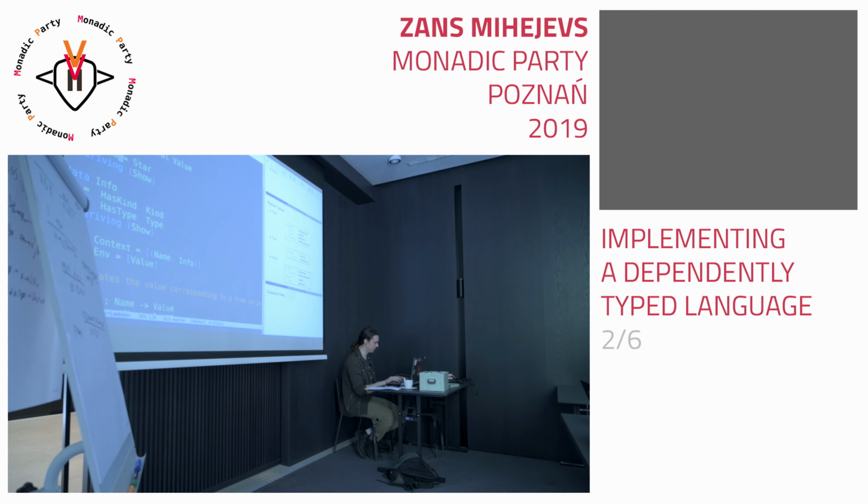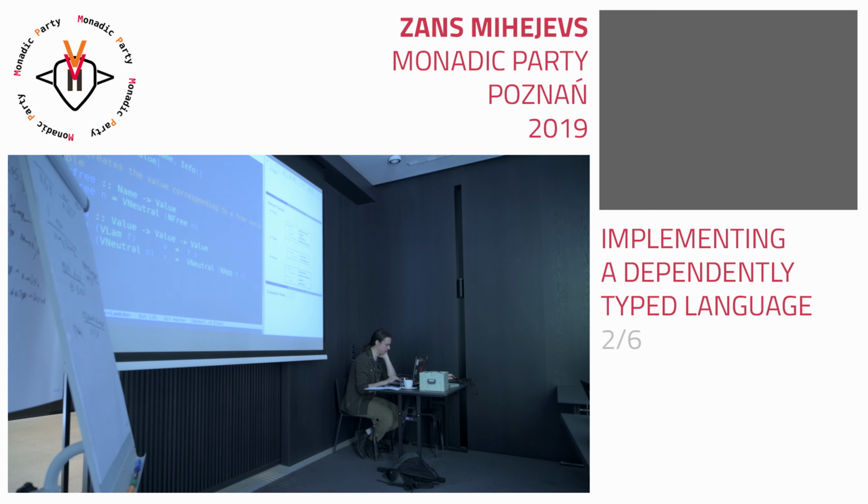Then we have the kinds for type checking that our types are well formed. And we have this thing, info, which is used for the context. Essentially we have the name of an identifier and its information, and the information is either its kind or its type, depending on whether we're dealing with a type or a term. Our environment is just a list of values.